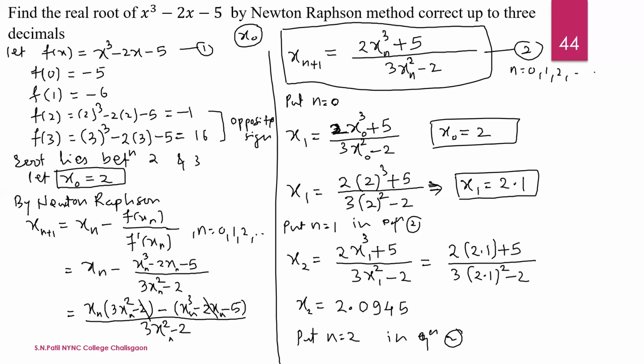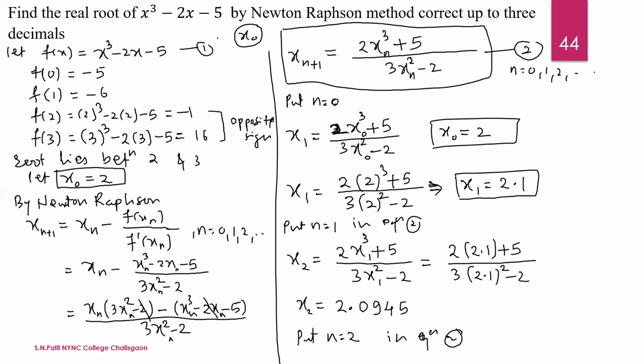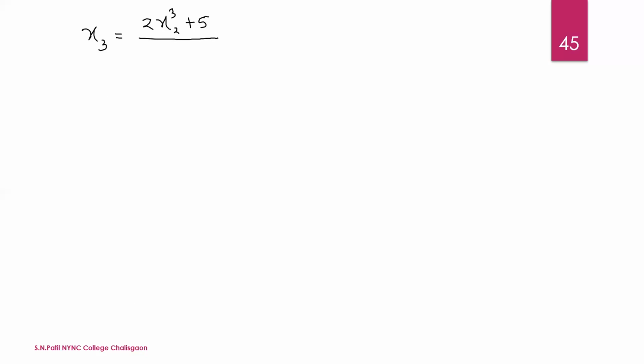Then the formula becomes x3 is equal to 2 times x2 cubed plus 5 divided by 3x2 square minus 2. And the value of x2 we have just calculated.